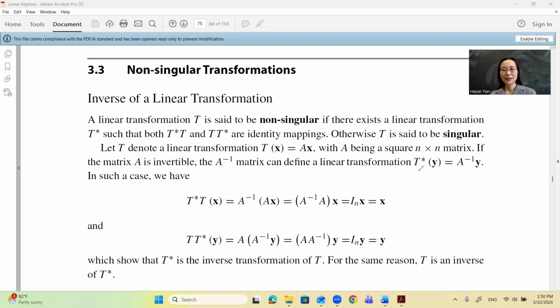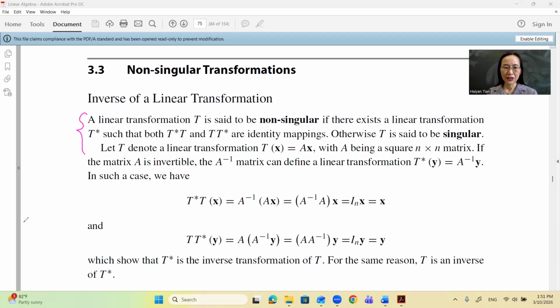So how do we find this T star? If T is defined by this A matrix, if A is the transformation matrix for this mapping T, then T star will be defined by the inverse matrix of A. So T star is simply defined by the inverse matrix.